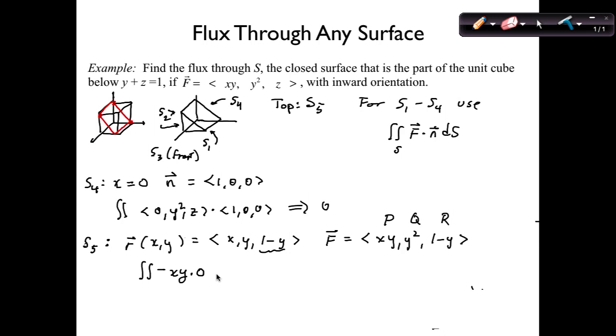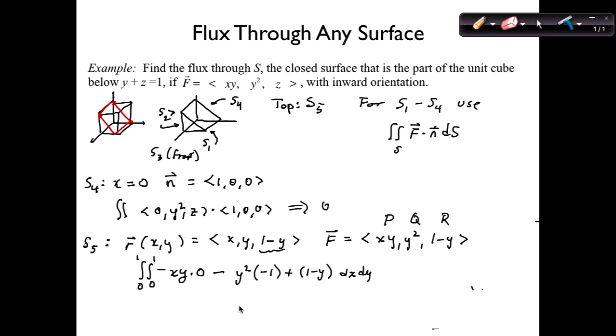That's 0, right? Minus Q times the partial of g with respect to y, which is negative 1, plus R. Then we're going to integrate over that plane, so x goes from 0 to 1, y from 0 to 1.